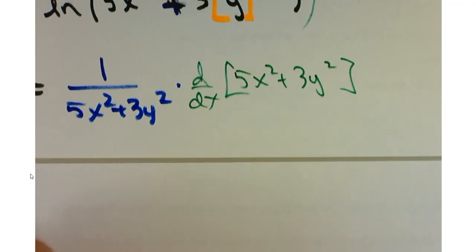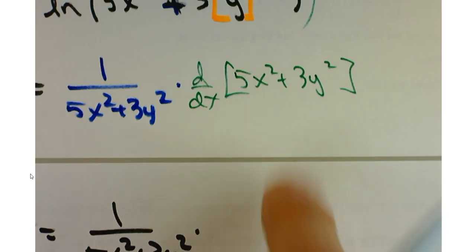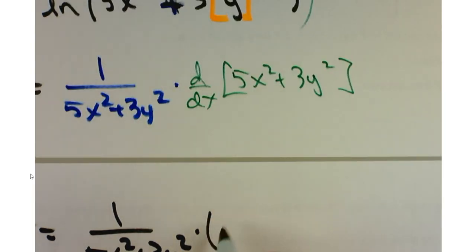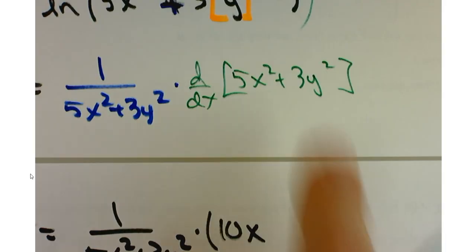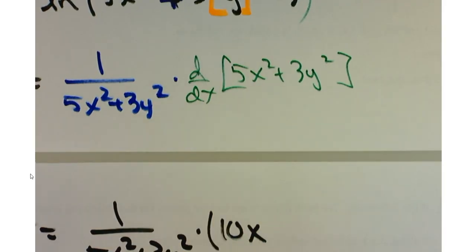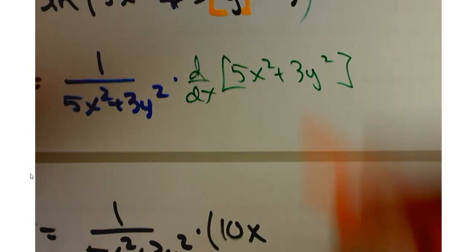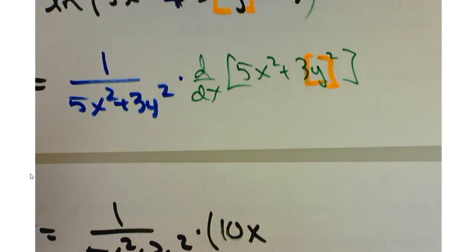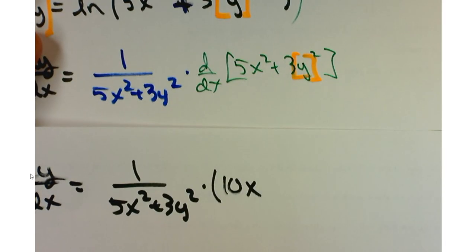So it's dy by dx equals 1 over 5x squared plus 3y squared times the derivative of the first term. Derivative of this is easy, that's just going to be 10x. But it's that second part that we have to be careful about. And let me squeeze in that bracket there, because we have to take the derivative of the outside times the derivative of the inside.